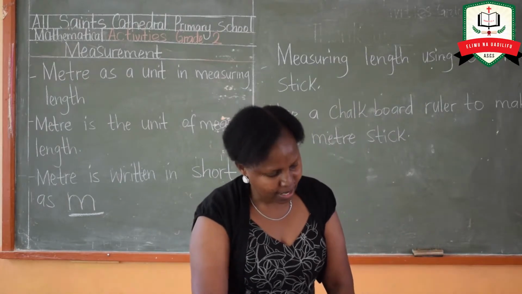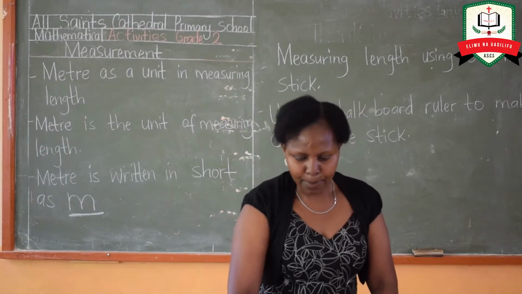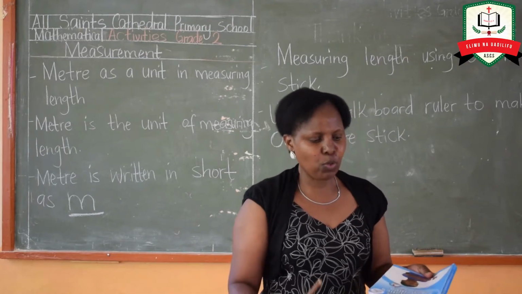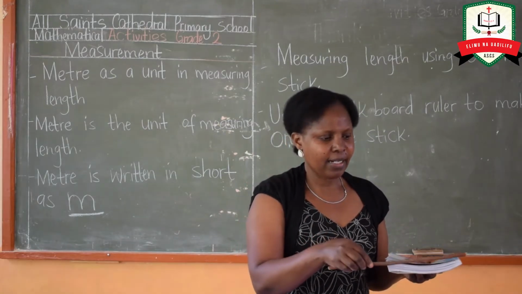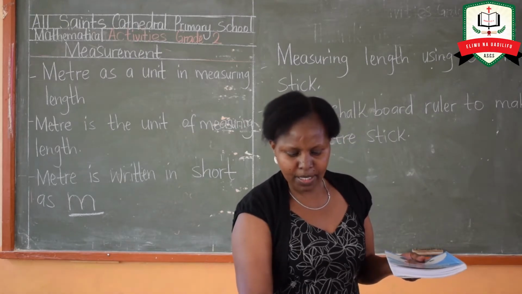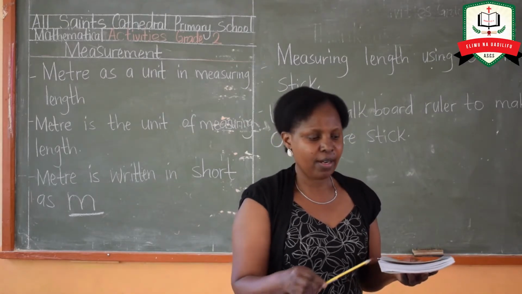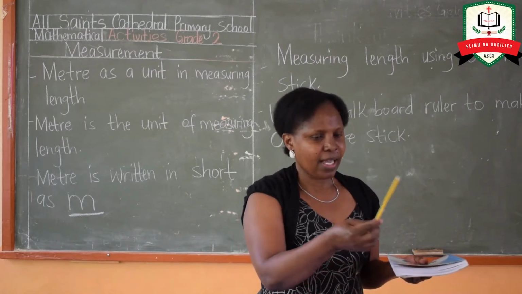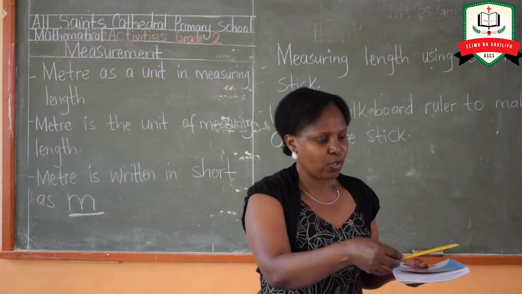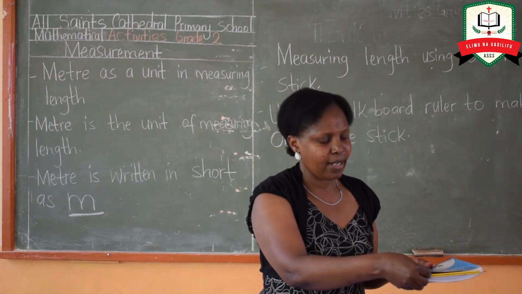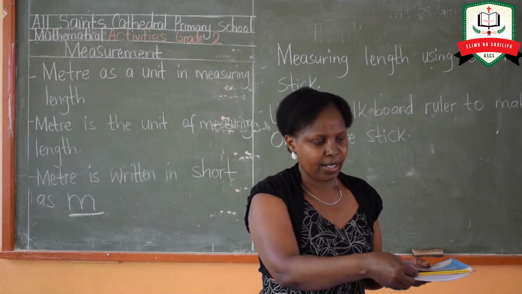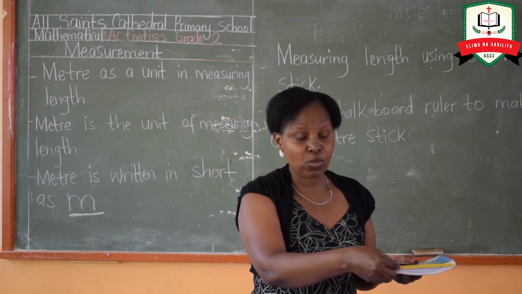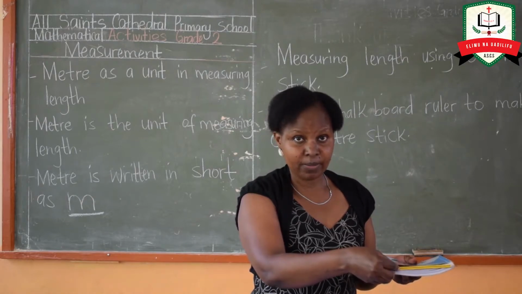You remember last time we measured a book, and we measured a book using what? A stick, and we used that measurement to measure our items like the table. Now, for instance, I can use my pencil to measure the shorter side of my book, and I discovered the shorter side of my book is 1 pencil long.